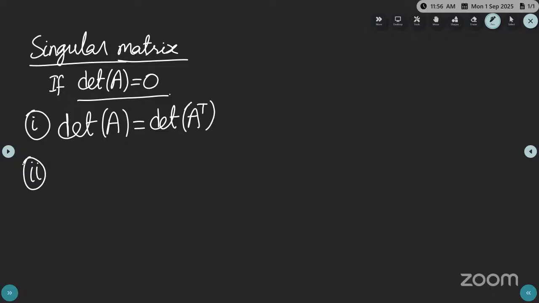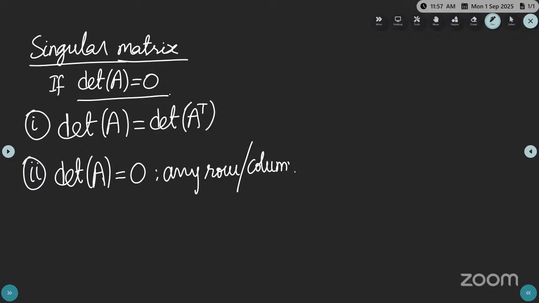The determinant of any square matrix is equal to 0 if any row or column elements are all zeros.